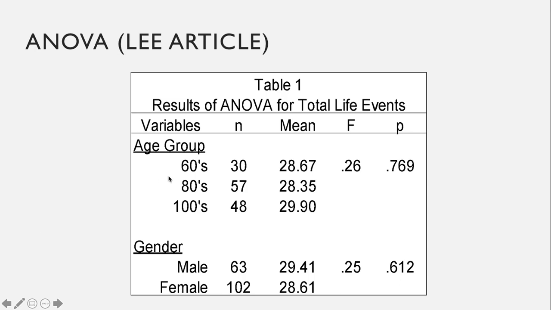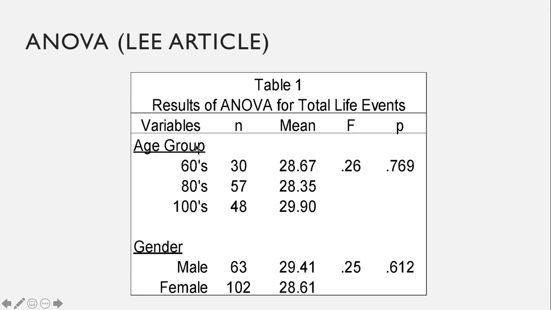So let's look at an example table here. We have 3 age groups for this first ANOVA. There are kind of 2 ANOVAs here.